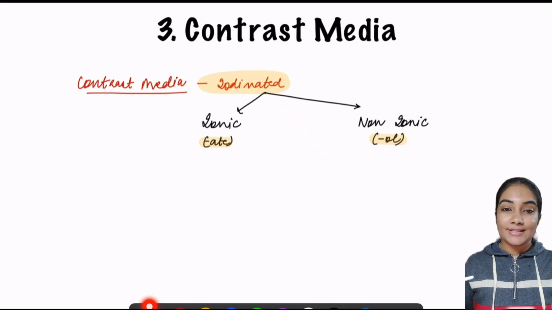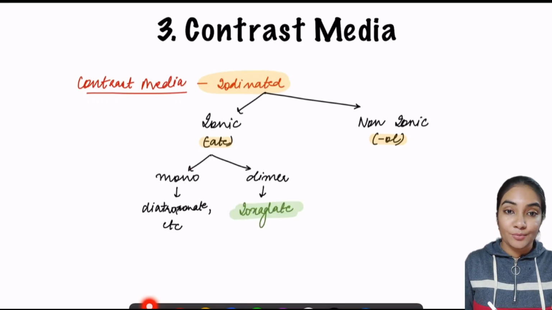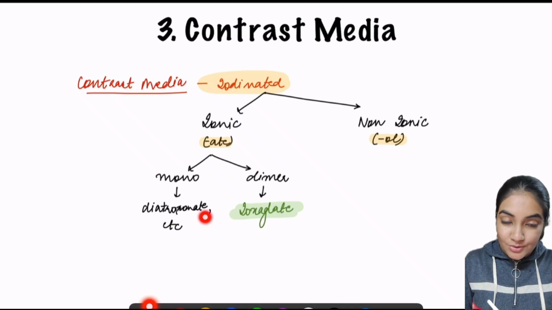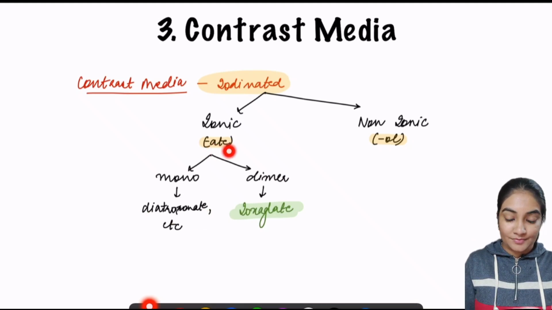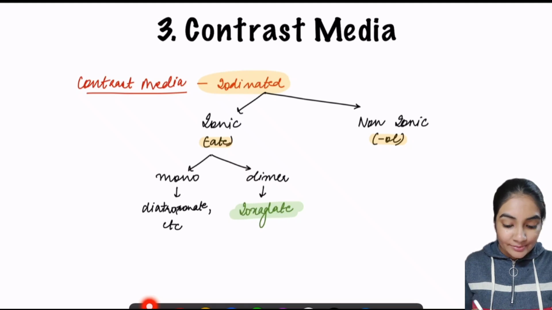The usual trend is dimers will have a di in its name and rest everything would be a monomer. But we have one exception in ionic, that is ionic monomer is diatrizoate and any other name ending with an 8. But ionic dimer is ioxaglate.